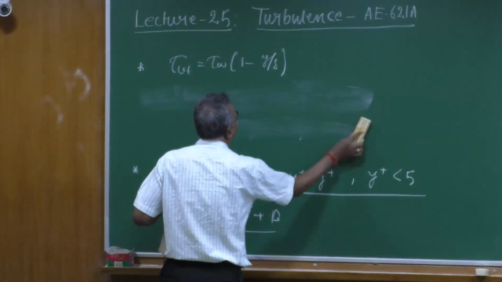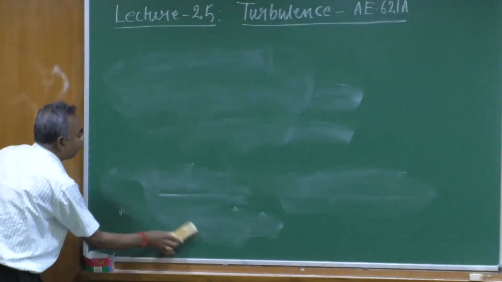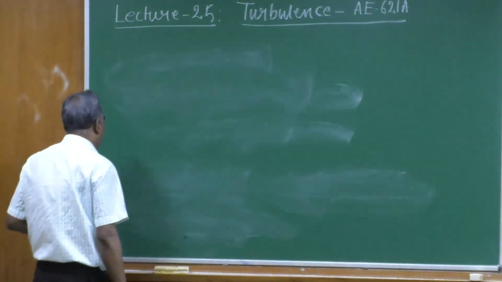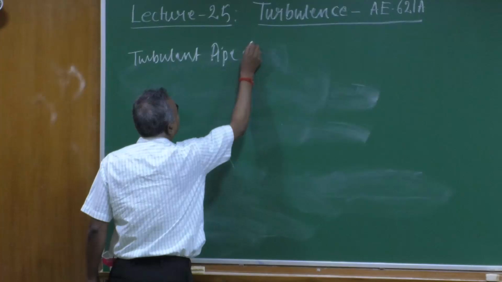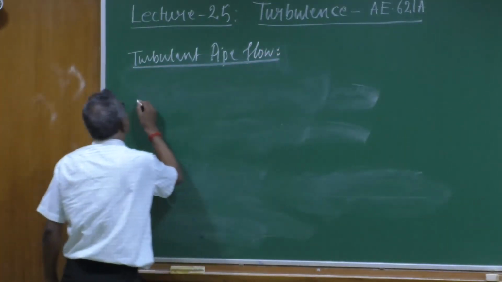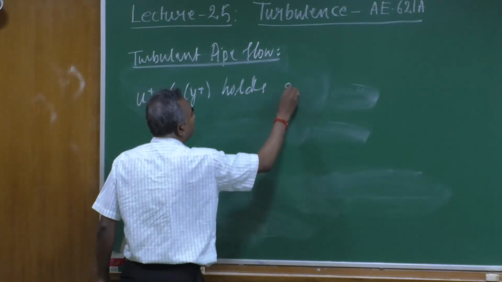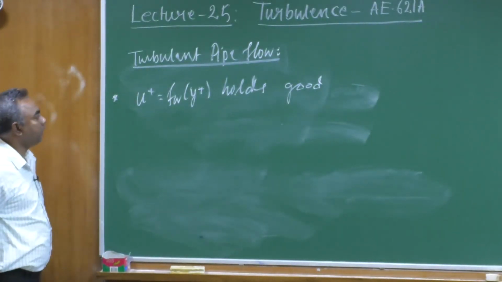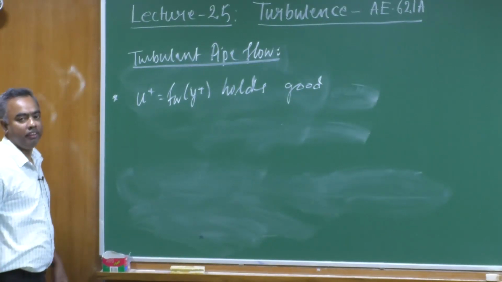Here we are going to mention key points. There is ample evidence that the law of the wall, that is u plus equals f_w of y plus, holds good even for pipe flow. And using the log law, the way we derived the friction law for the turbulent channel flow, in a similar fashion we can find the friction law for the turbulent pipe flow.